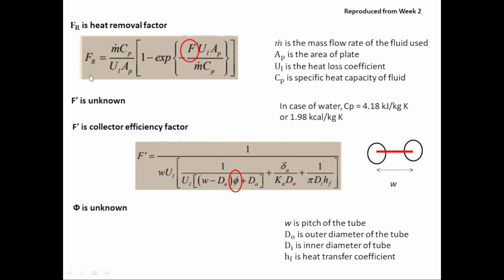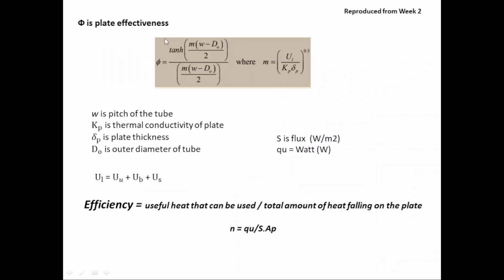First, in order to calculate your heat removal factor, you need to know F dash, because your heat removal factor is a function of your collector efficiency factor, which in turn is a function of your plate effectiveness factor. So first let us calculate the plate effectiveness factor, then move towards the collector efficiency, and then finally we will solve for Fr.